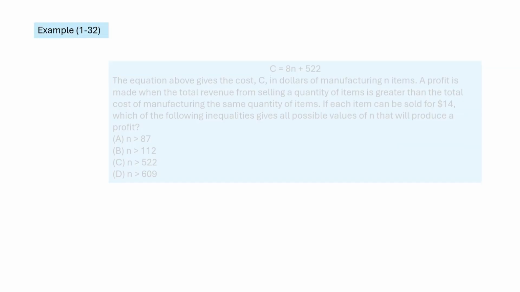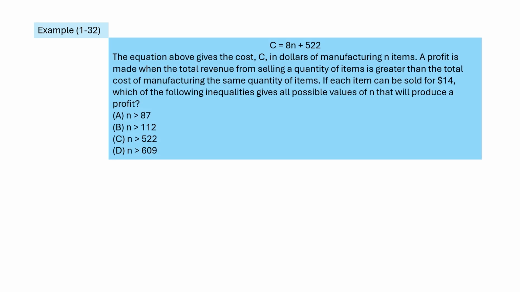Example 132. This is like a word problem. The equation above gives the cost C in dollars of manufacturing n items. A profit is made when total revenue from selling a quantity of items is greater than the total cost of manufacturing the same quantity of items.